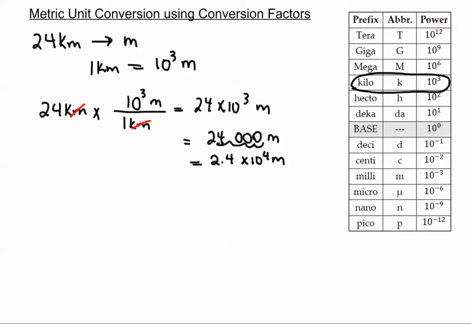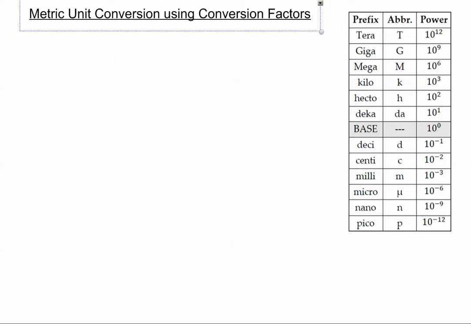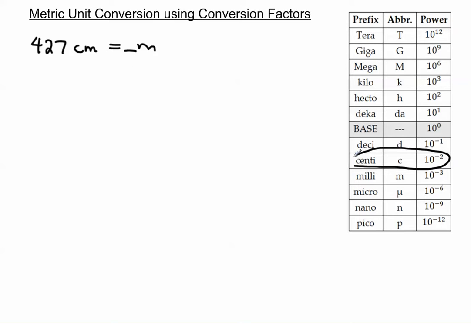Let's do another example. We're going to take 427 centimeters and again convert to meters. How many meters is that? So looking here, we find centi. Centi is times 10 to the minus 2, so 1 centimeter is equal to 10 to the negative 2 meters.